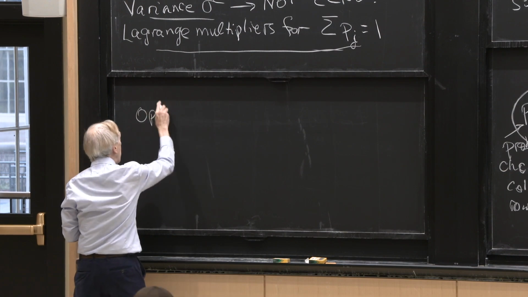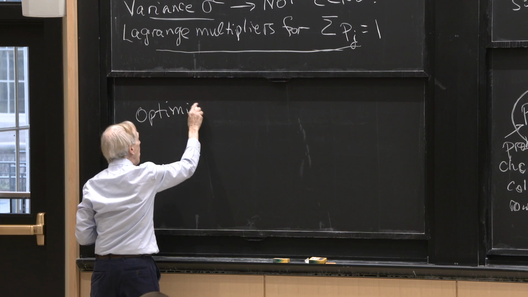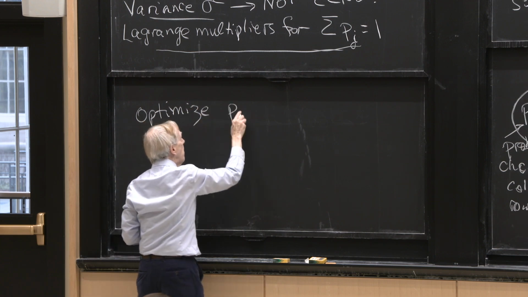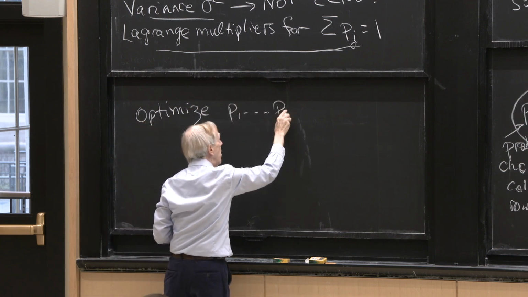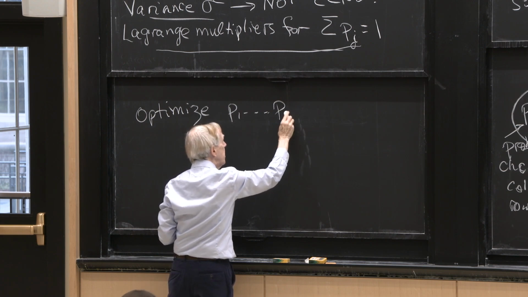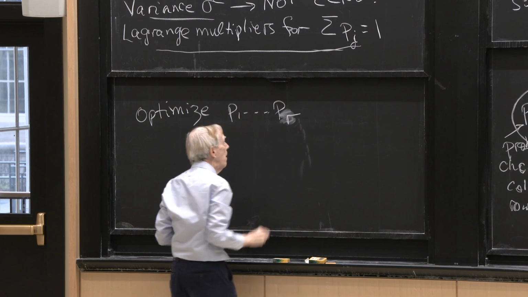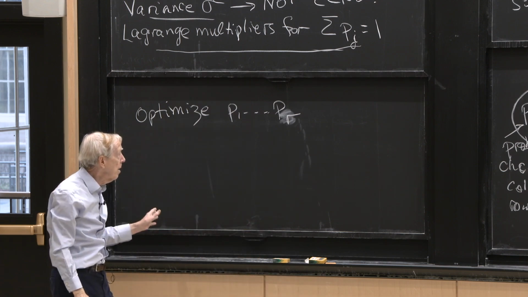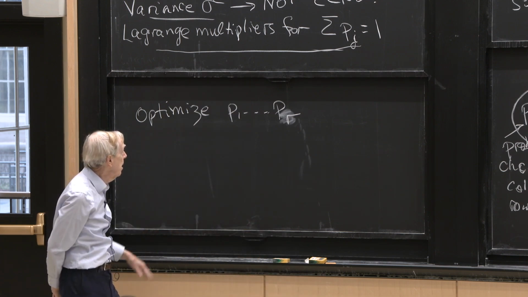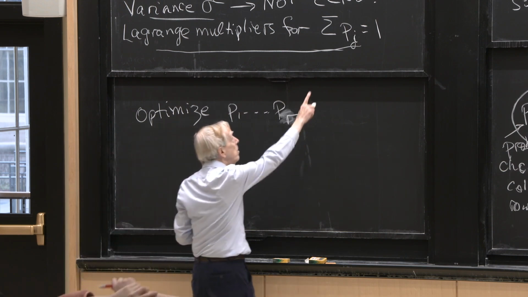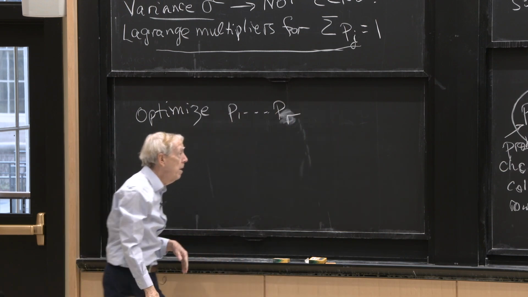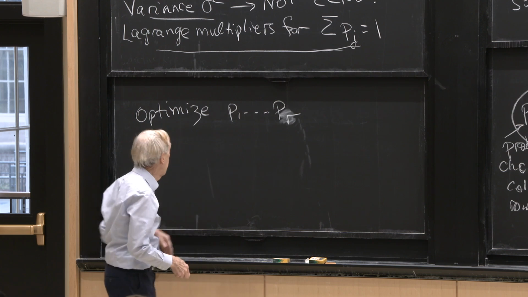Optimize the probabilities, P1 to PR for the R columns of A and R rows of B, subject to, they have to add up to 1. And what do I mean by optimize?